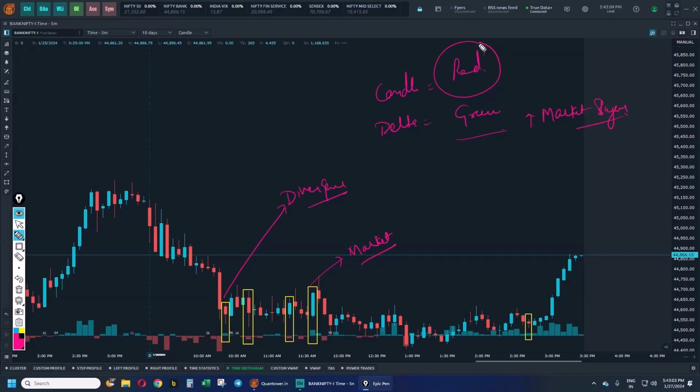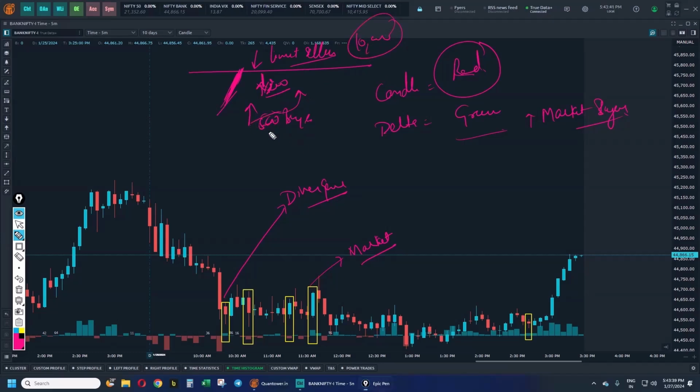Because this system gives you only market orders, and only in one case would this candle be red: when at this level there are more market buyers, but there are more limit sellers. So let's say just 200 market sellers were there, and 500 market buyers were being absorbed while there are 10,000 sellers.